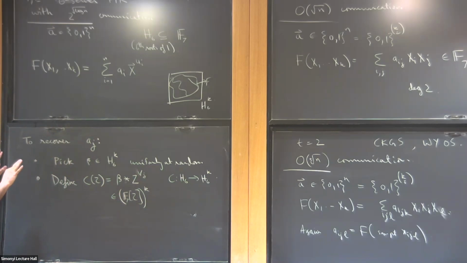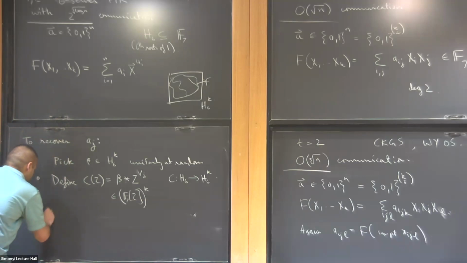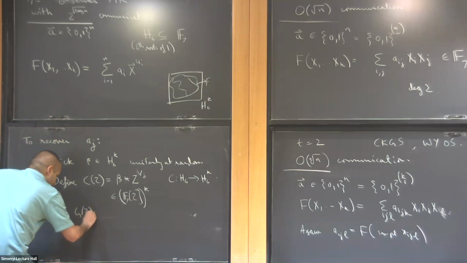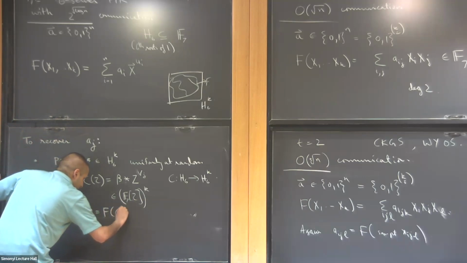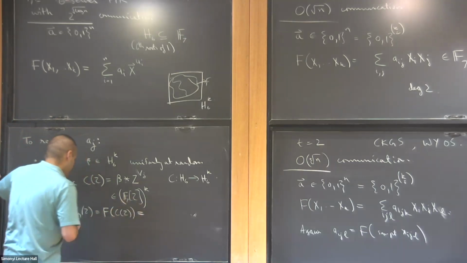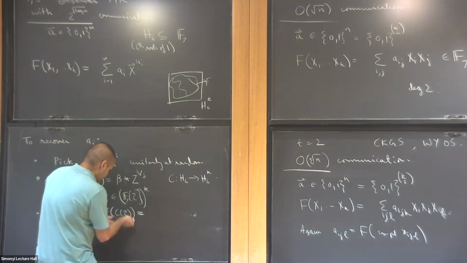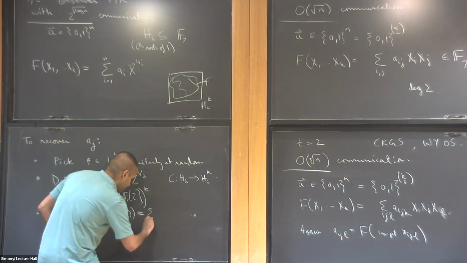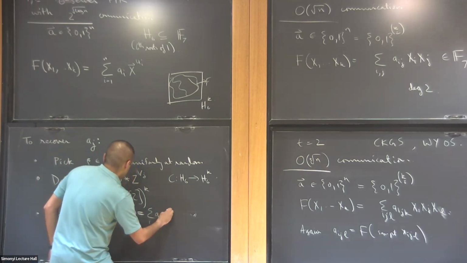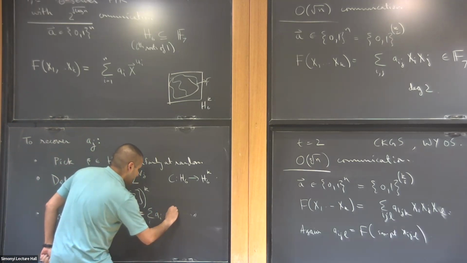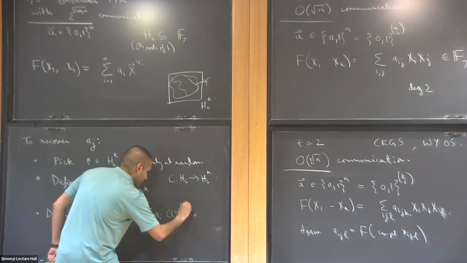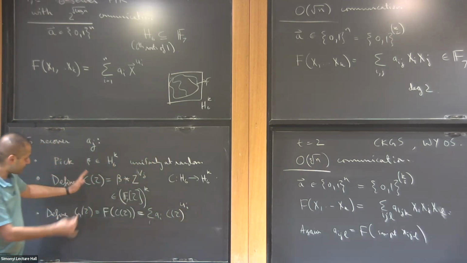And when we substitute C into F, something nice happens. Then define G of Z equals F of C of Z, and this is the sum over all i of Ai times C of Z to the Ui. I'm going to open it up.